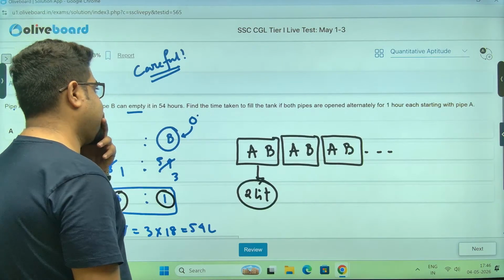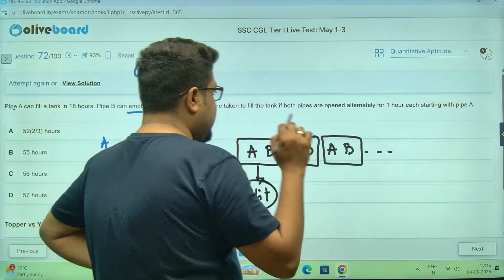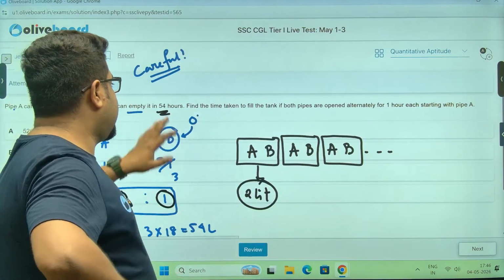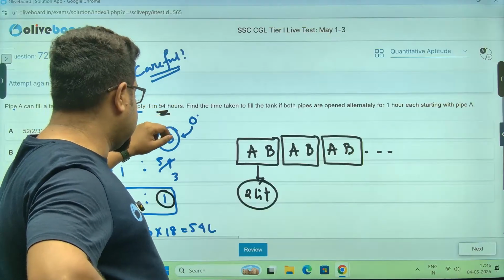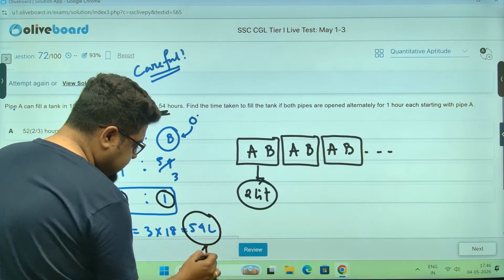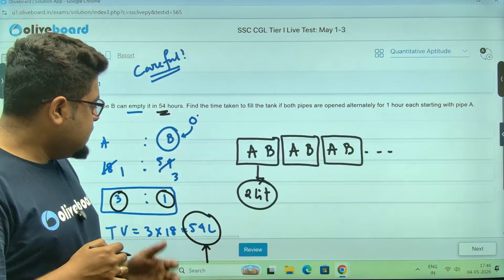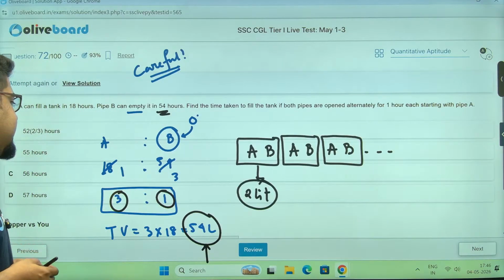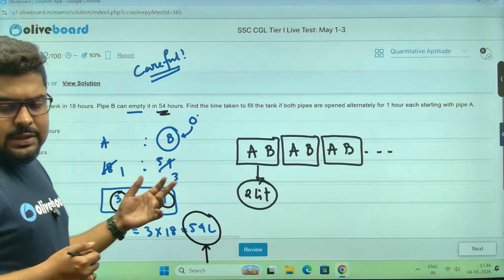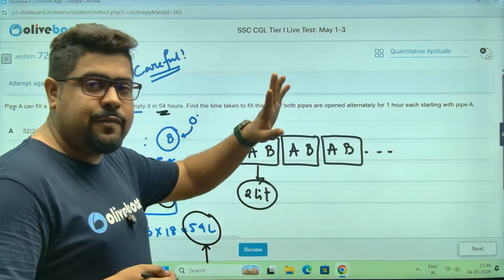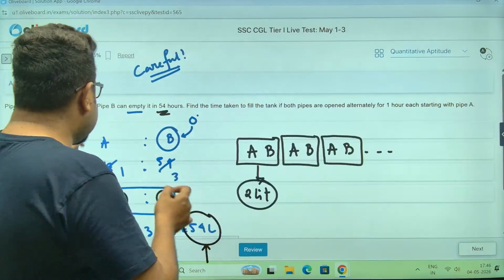Now again, you'll say, sir, 54 hours? No. Don't think for 54 liters. First of all, think for how much time they will fill 50 liters, because there is this 3 liter thing.